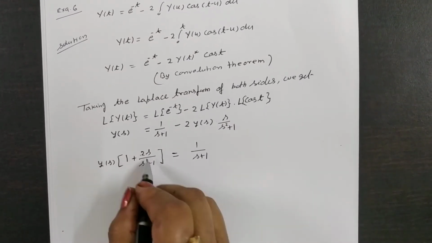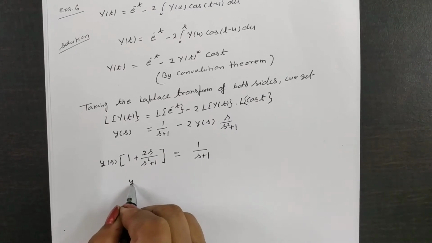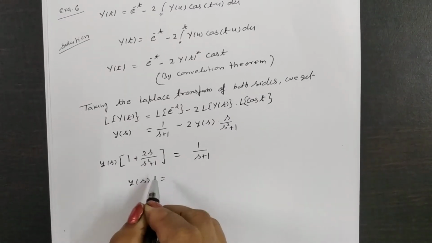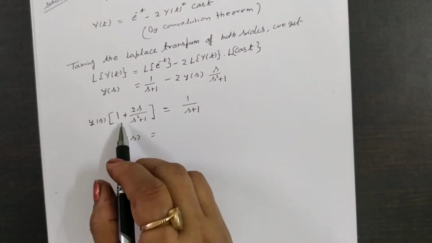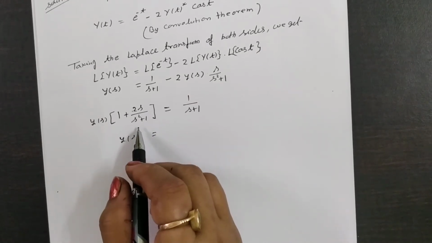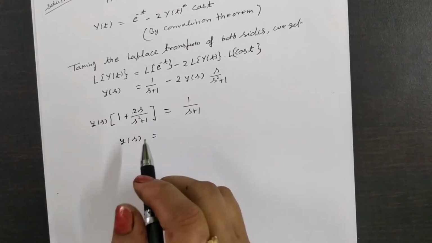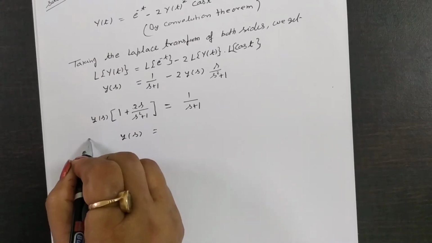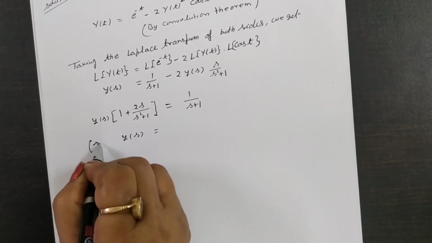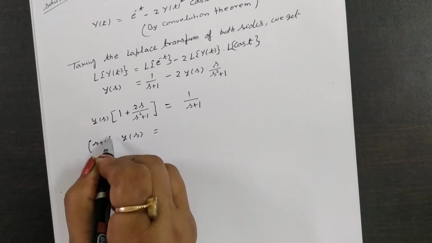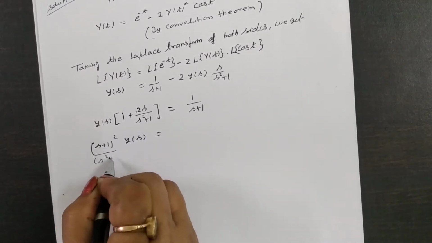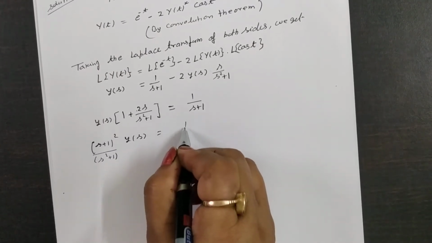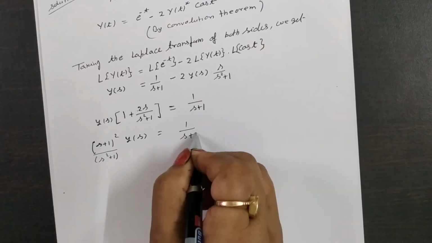Clear? So solving this, Y(s) becomes (s²+1)/(s+1)² for the first factor, since 1 + 2s/(s²+1) = (s+1)²/(s²+1), and here is again 1/(s+1).